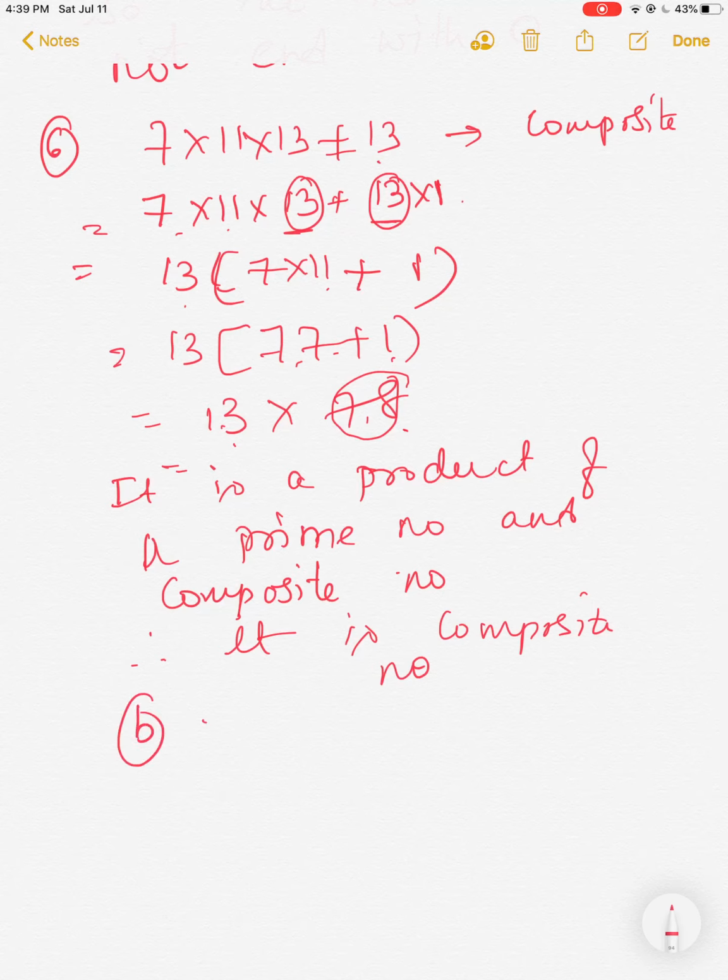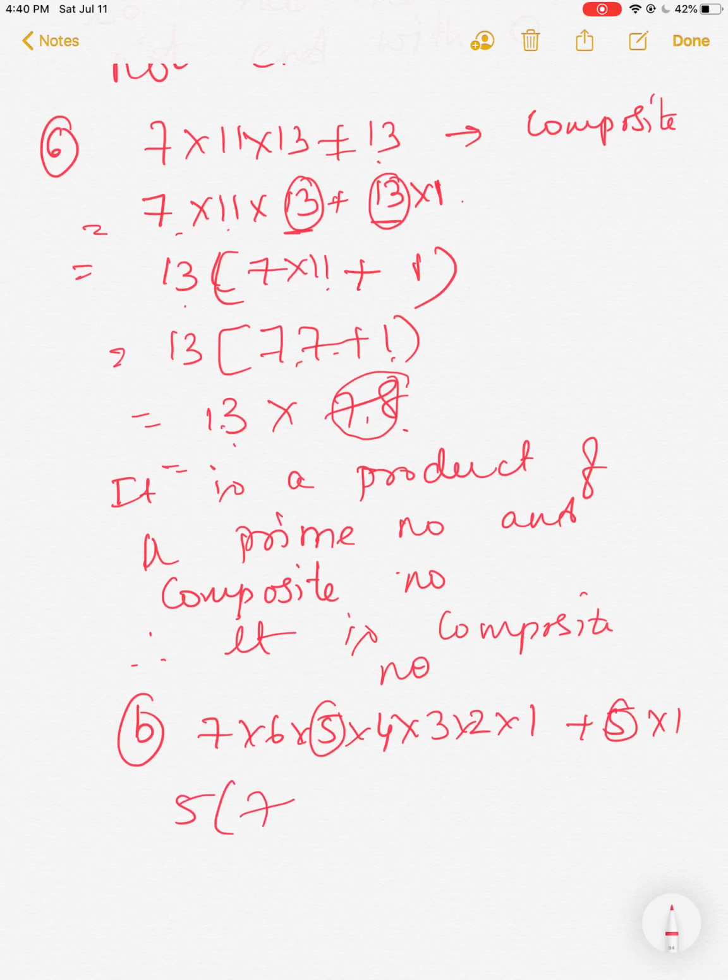Okay, now next, in the same way, one more is there. B: 7 into 6 into 5 into 4 into 3 into 2 into 1 plus 5. Here also, take 5 into 1 and bring 5 common.